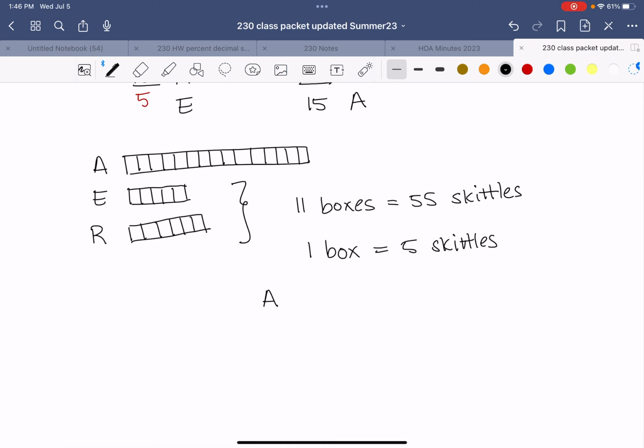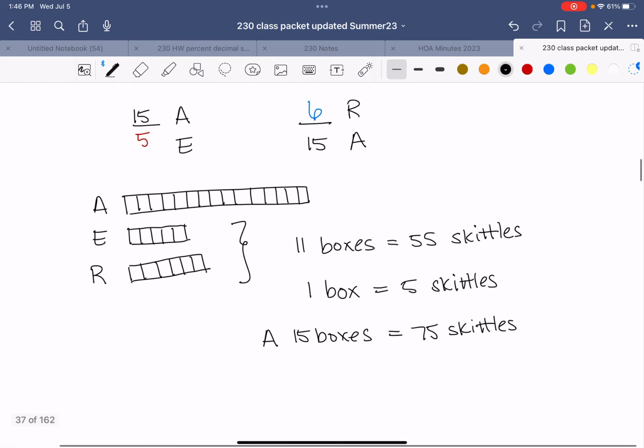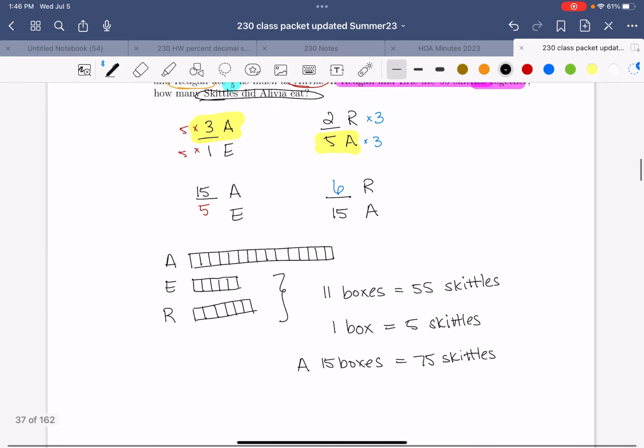And she has 15 boxes. So if I use my idea of multiplying to get an equivalent ratio, if I take that times 15, let's see, 75 will be the number of Skittles that Olivia ate, okay? And then typically you're going to want to give your answer in a complete sentence.